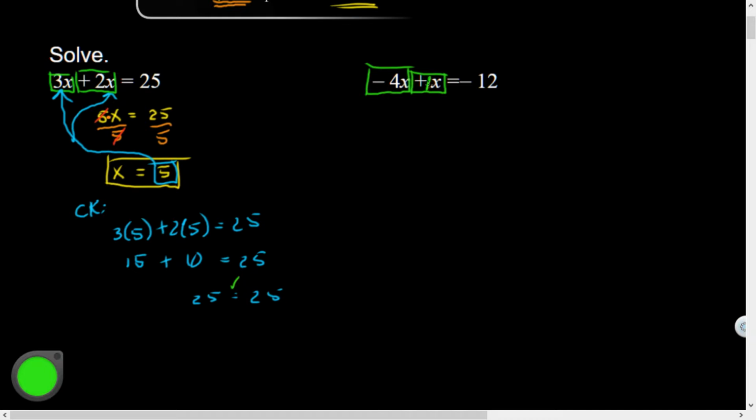I just want to make sure you realize that there is an invisible 1 coefficient in front of that x. So when I combine like terms, negative 4x plus 1x, I have to add the negative 4 and the 1. The signs are different, so I subtract them. 4 minus 1 is 3. And I take the sign of the more influential. Who's more influential, negative 4 or positive 1?